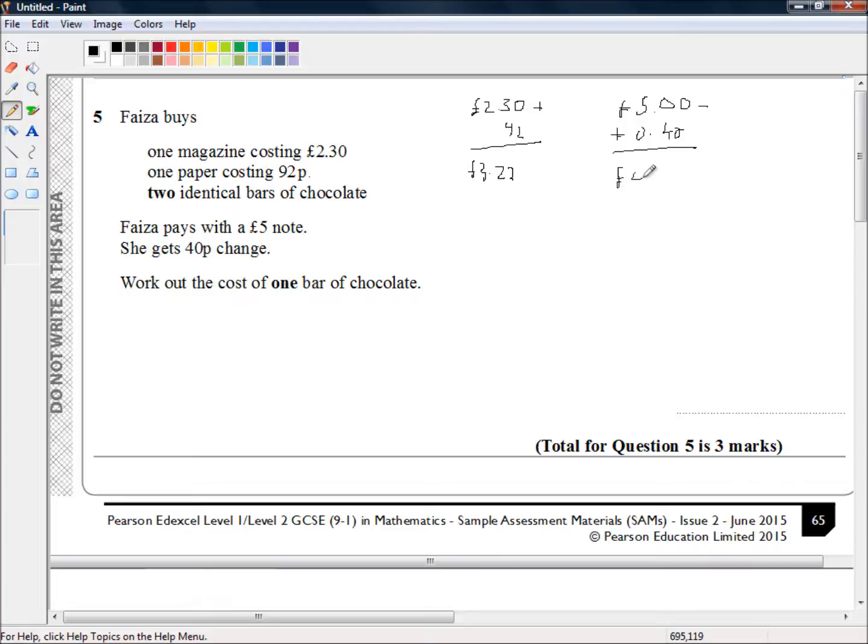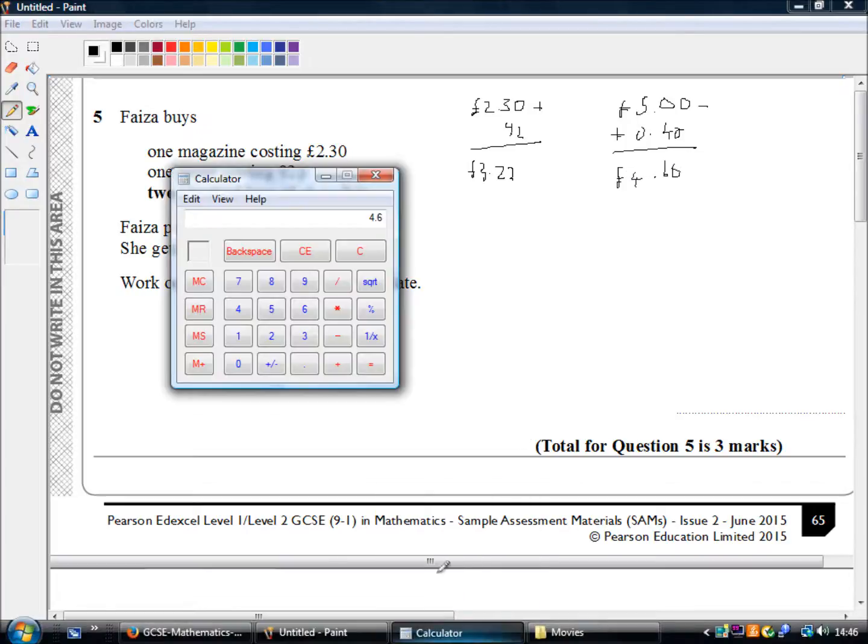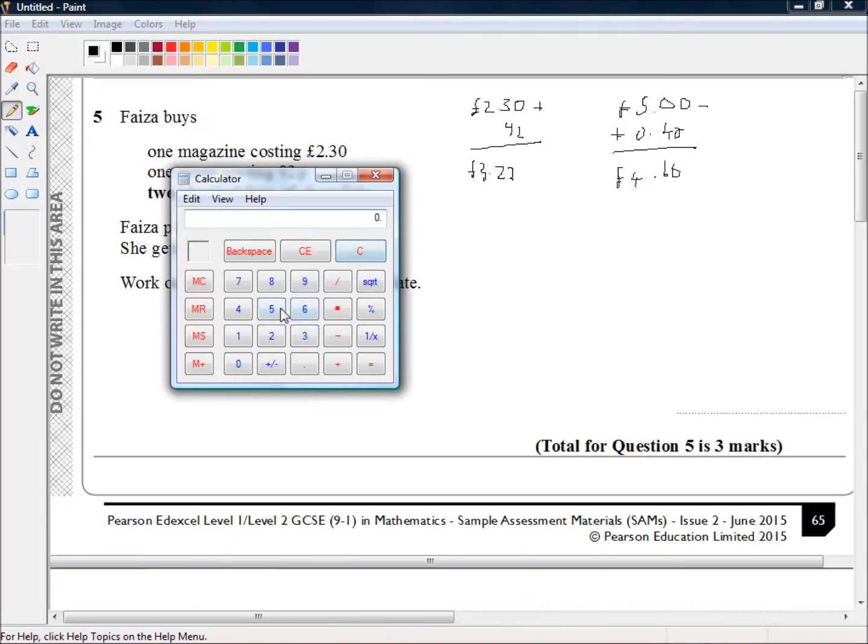And that's £4.60. The other way we can do it is to think in pence and do 500 pence minus 40 pence is equal to 460 pence, which is £4.60.